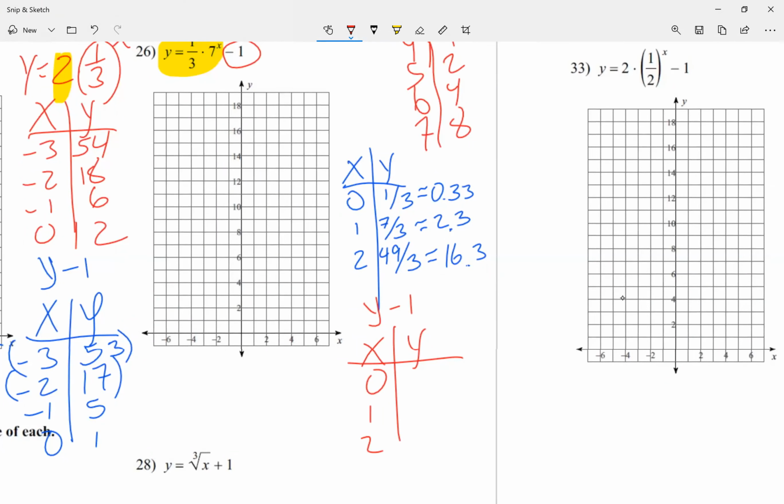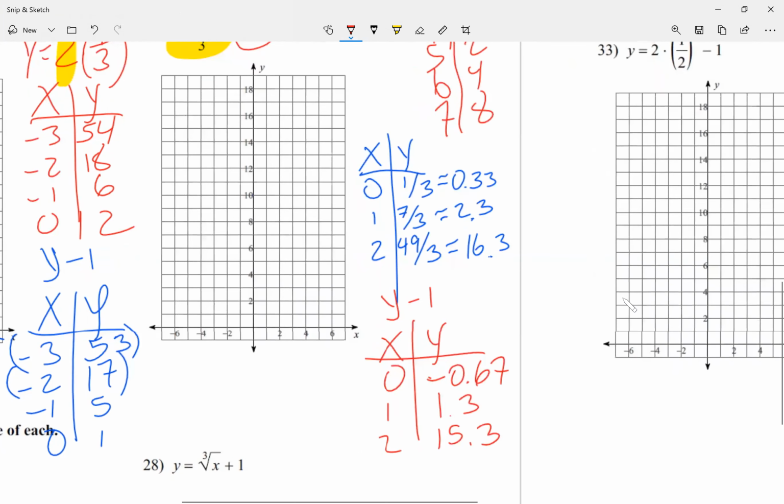My y values, let me subtract the 1 from each of them. So I have like negative 0.67. I have 1.3. And I have 15.3. From each of my y values, I've subtracted a 1.